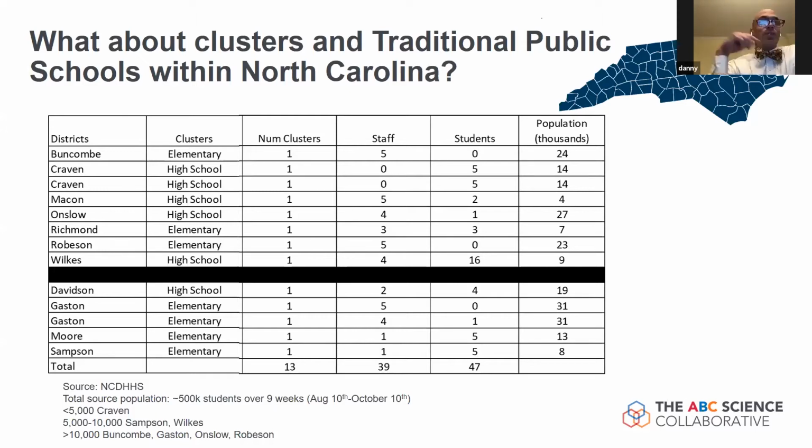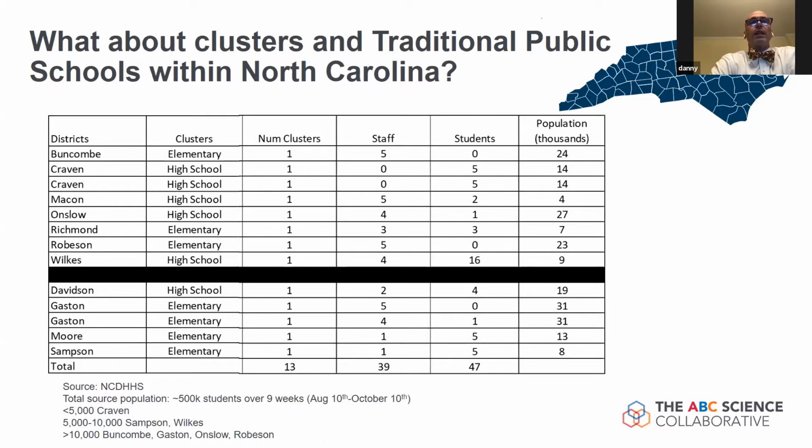The clusters in North Carolina are defined here as 5 or more cases that are linked to each other by a local health department. 5 or more cases within a school linked to each other. Now these are listed by county here. The black line represents a breaking point.